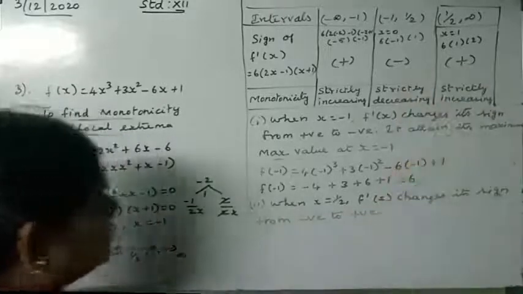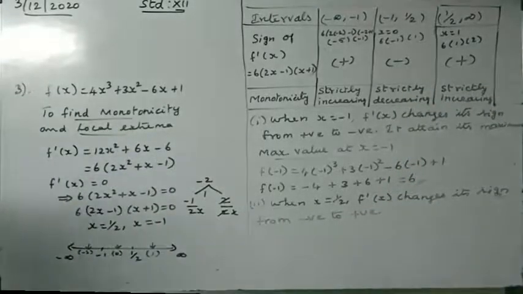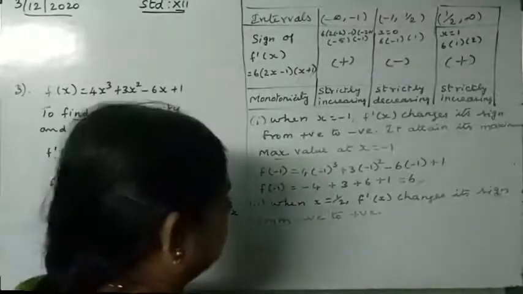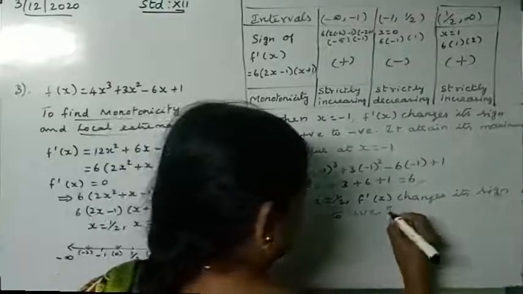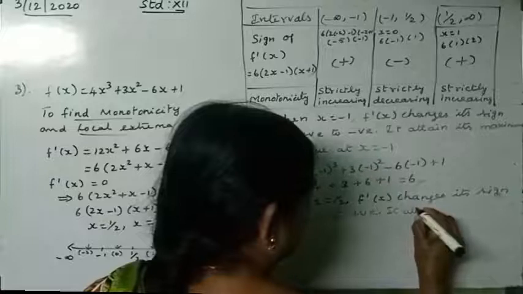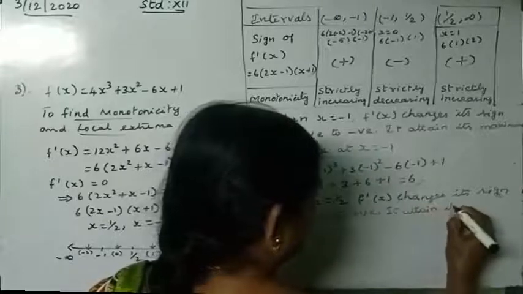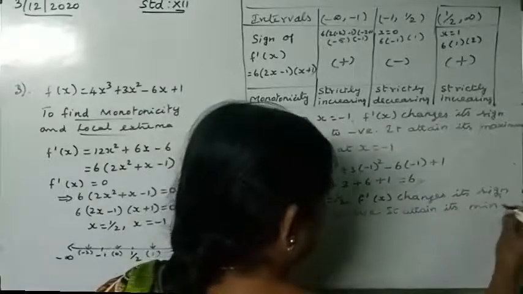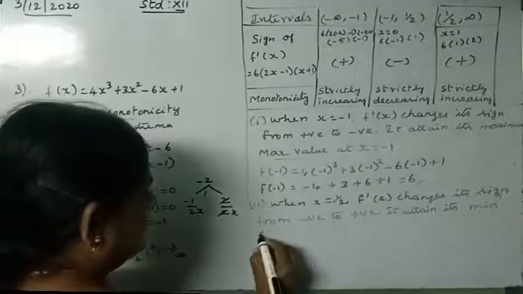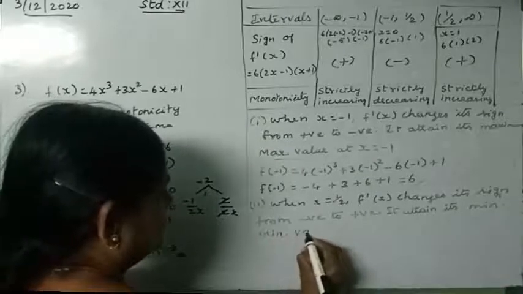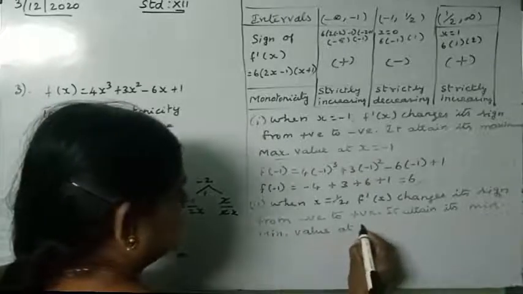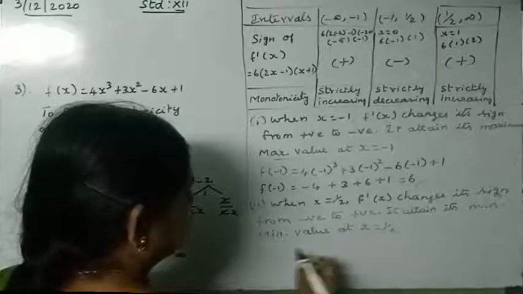It goes from negative to positive, so it attains its minimum. So to find the minimum value at x is equal to 1 by 2.